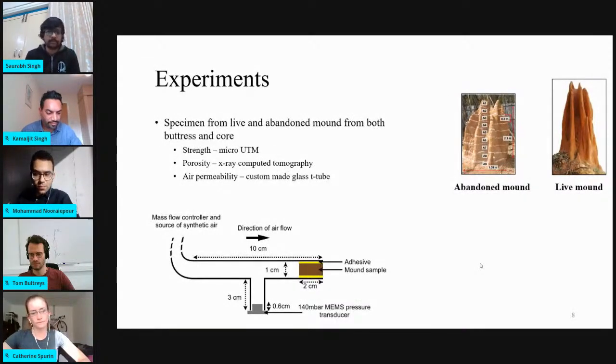And for porosity, we use X-ray computed tomography. And then for air permeability, we have a custom-made glass T-tube. I'll just tell you about the custom-made glass T-tube. In this one, we have a pressure transducer. At one end of the glass T-tube, we have sealed our mound sample, and from the other end, we are supplying the air.